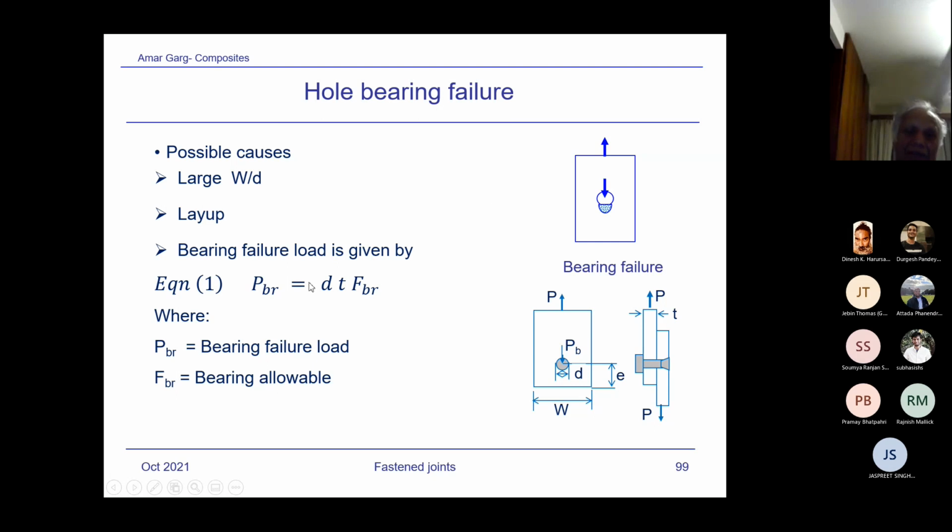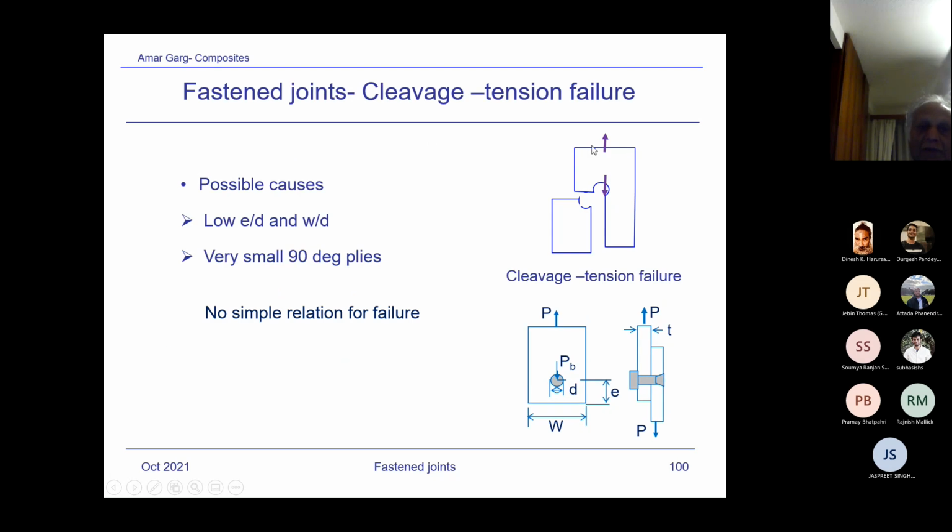Similarly, bearing is very easy. Bearing failure stress is D, T, FBR, bearing stress allowable. Cleavage tension failure, there's no simple equation. I have not written a simple equation available for this one and wouldn't worry about it.